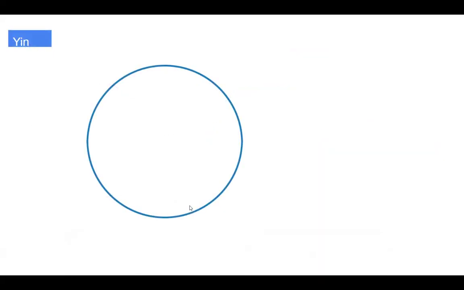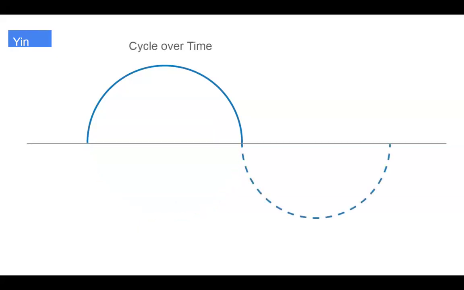So if we took the yin cycle, the yin circle, and we cut that in half and we watched it over time, we will see that the yin energy will reach a high point, middle point, and then come back to a low point in order to start the cycle again.